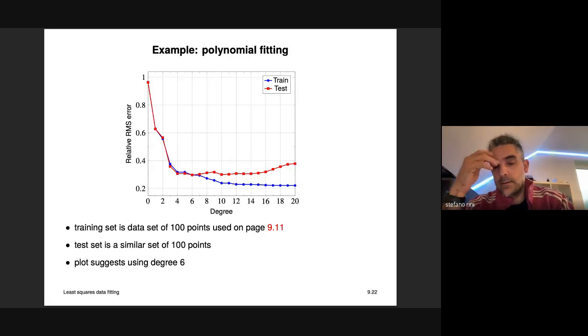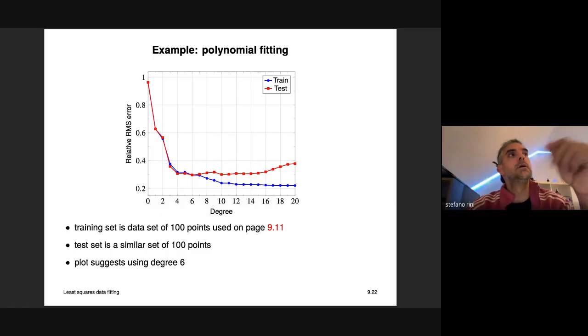So this is the figure that you always want to see when you try to choose your hyperparameters. In this case, we have the degree D of the polynomial fitting. As we said, as D increases, we add more and more parameters to the model. So the model will find those parameters that fit the specific data in the data set.